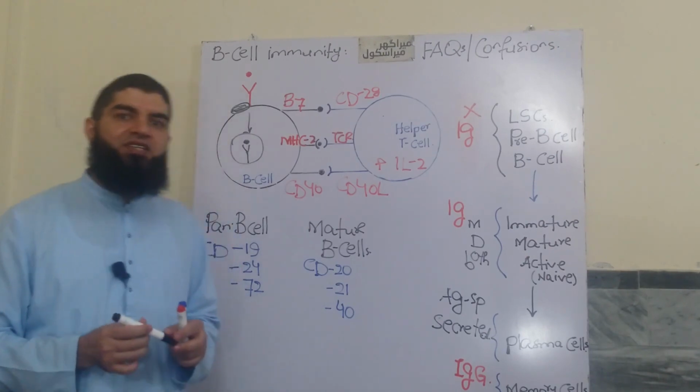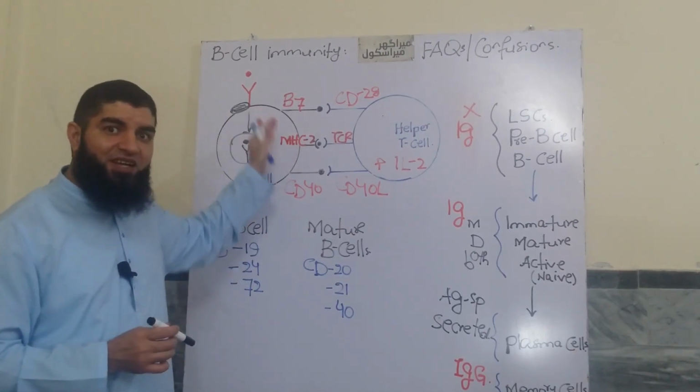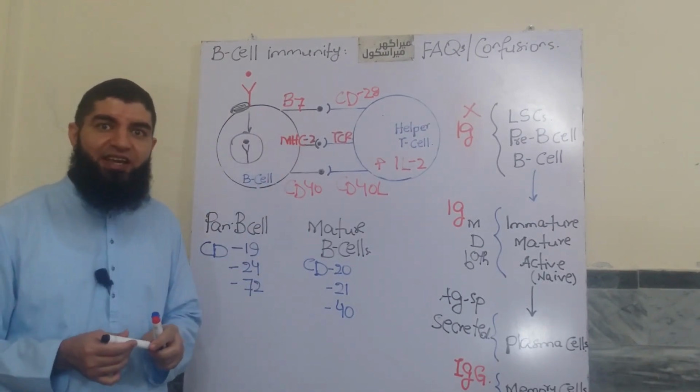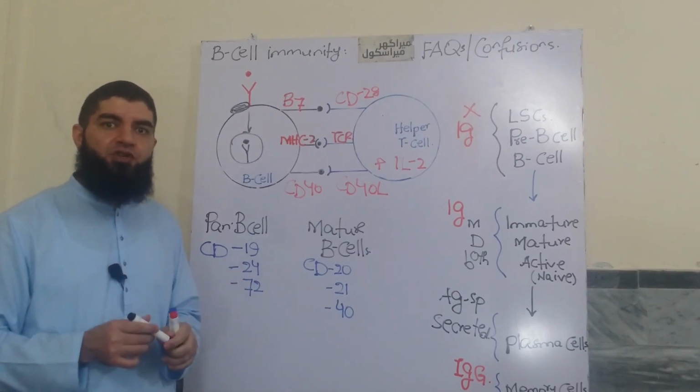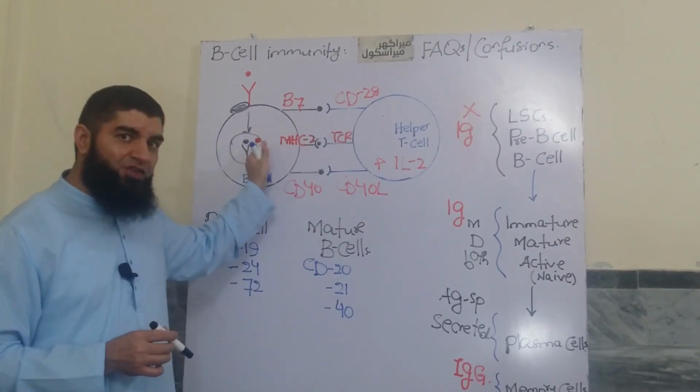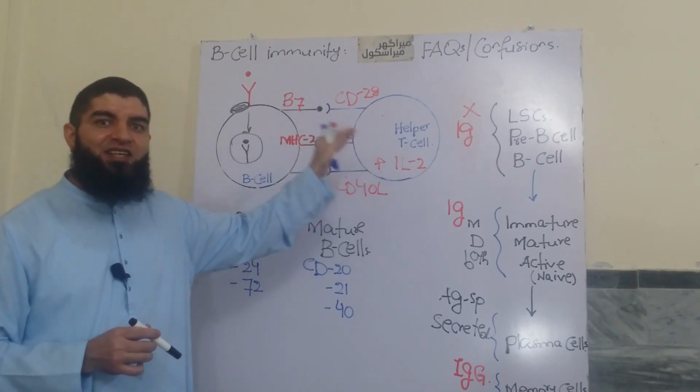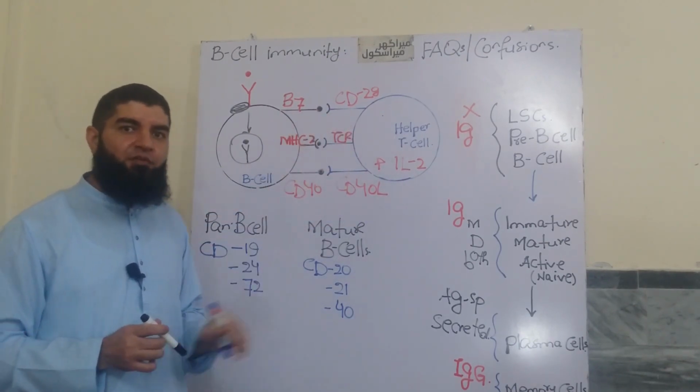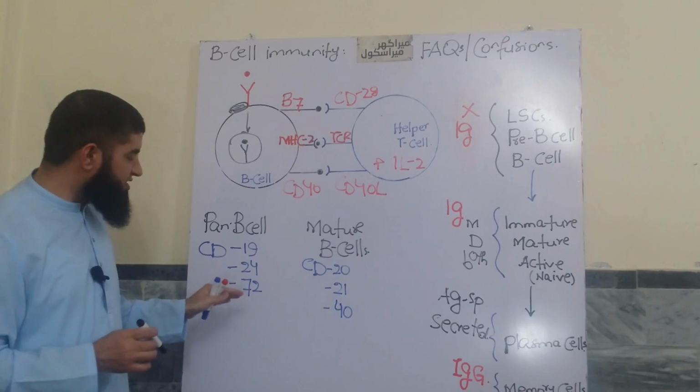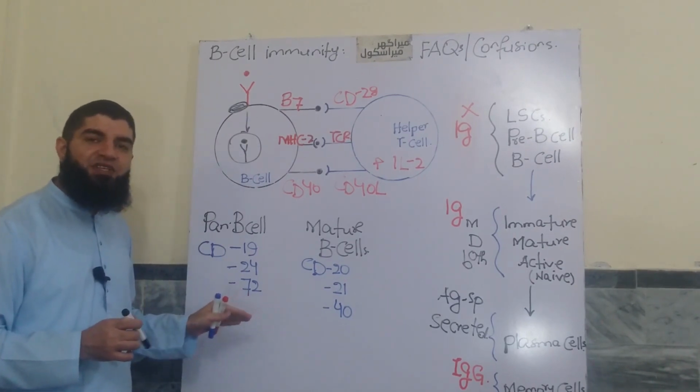Well, we earlier discussed some of the B cell receptors and surface markers which are functionally important to us here in physiology, because they determine the interaction of B cells with the T cells for their own activation. But here we have some more surface markers on the B cells.